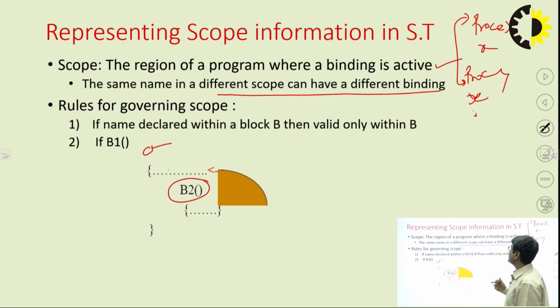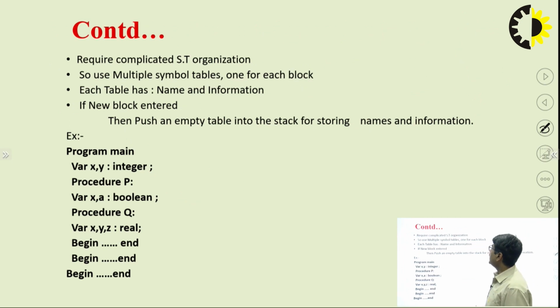So scope is basically binding with the procedure or with the particular program. Maybe you can define that a global variable's scope is everywhere in the program. Local variables are associated with the particular procedure. This requires a complicated symbol table organization.